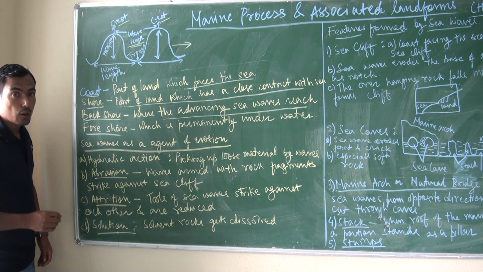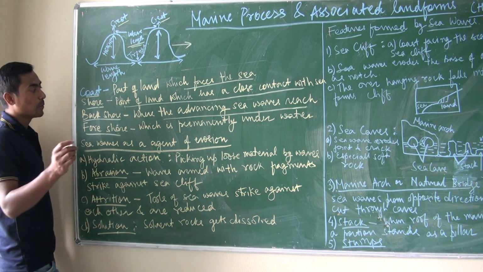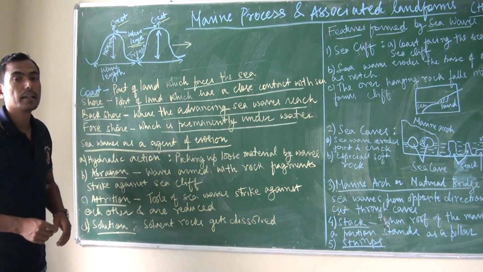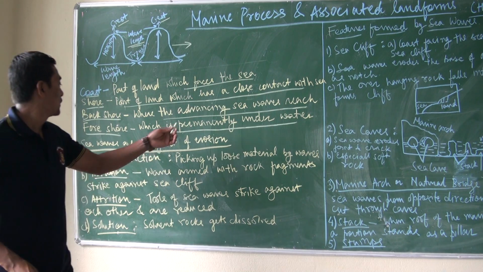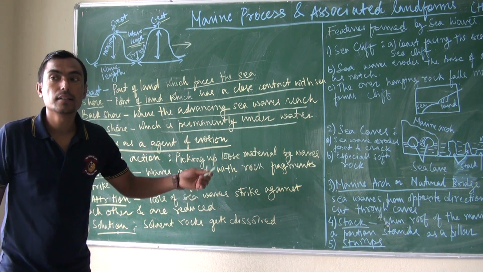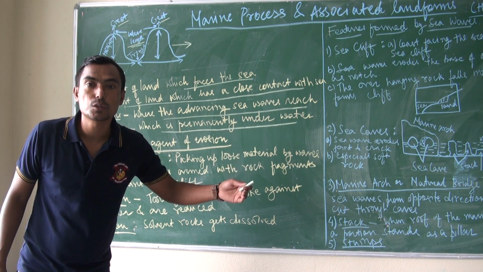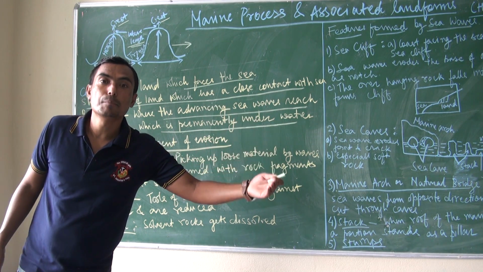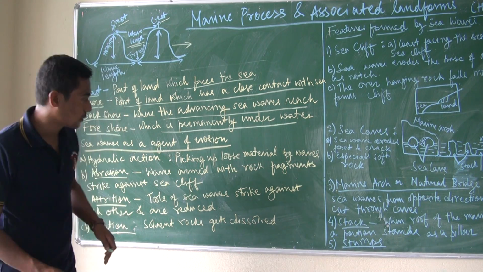Next is foreshore. Foreshore means the land which is permanently under water. You will find the foreshore very close to the beach, where the land is completely under the water.